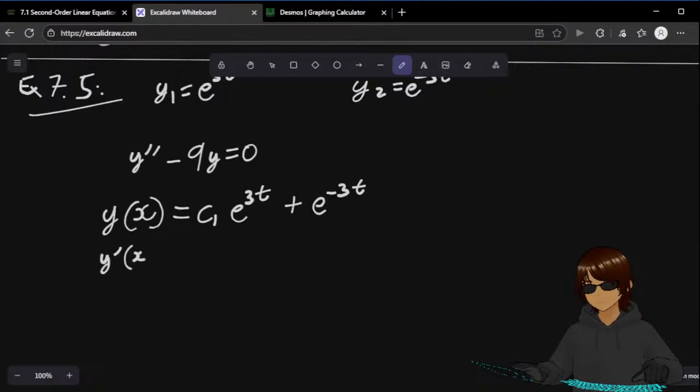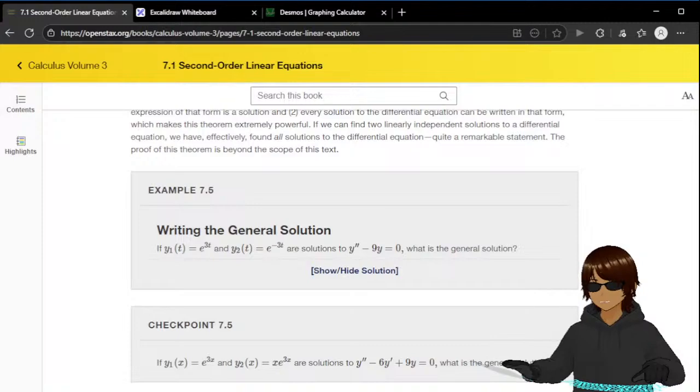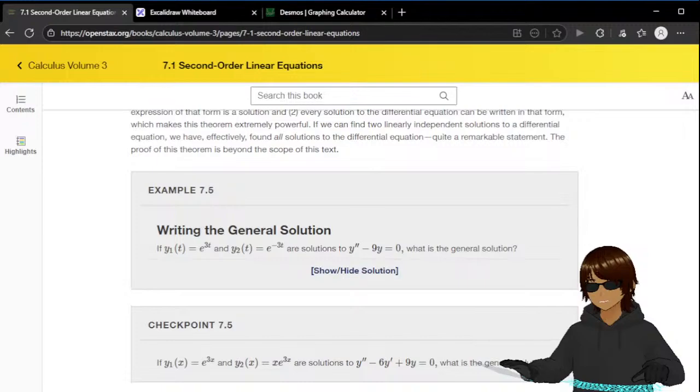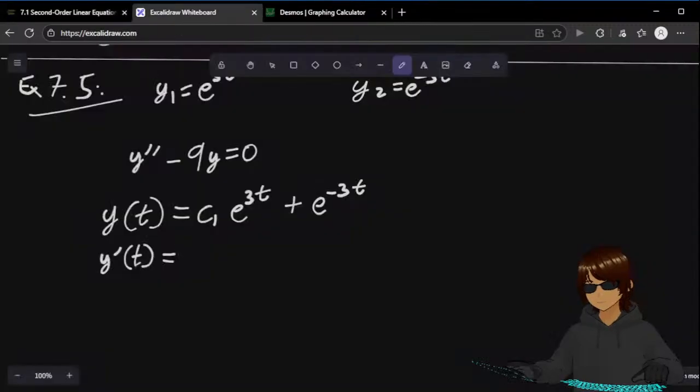So the derivative is, wait, isn't minus 9? Yeah, it is. The derivative of this is the derivative of this, with respect to t. Derivative of this stays the same.